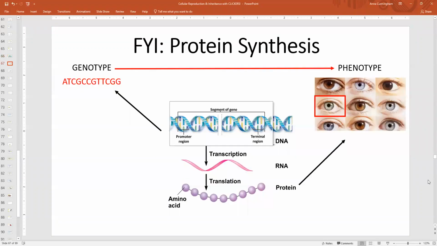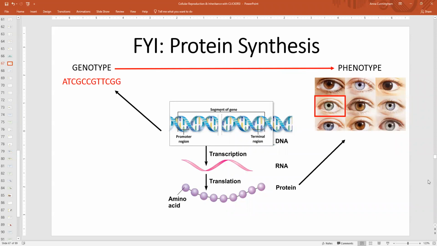Since we do have a couple more minutes, I do want to mention something we haven't talked about yet. We will be talking about this later, I believe in Unit 3, after our next exam. It's one of my favorite and arguably one of the most important concepts in biology, which is protein synthesis.